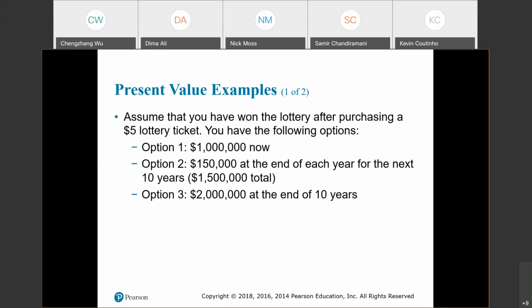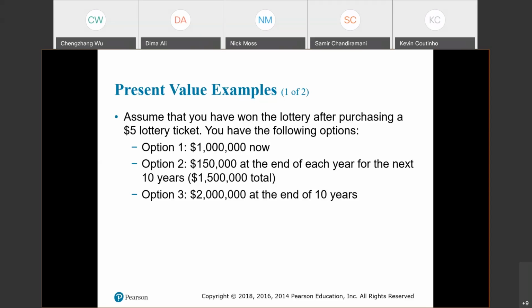All right, now you need to know the payment type of these three options. For option one, it means that you receive $1 million as the present value now. Option two is that you receive $150,000 as an annuity.